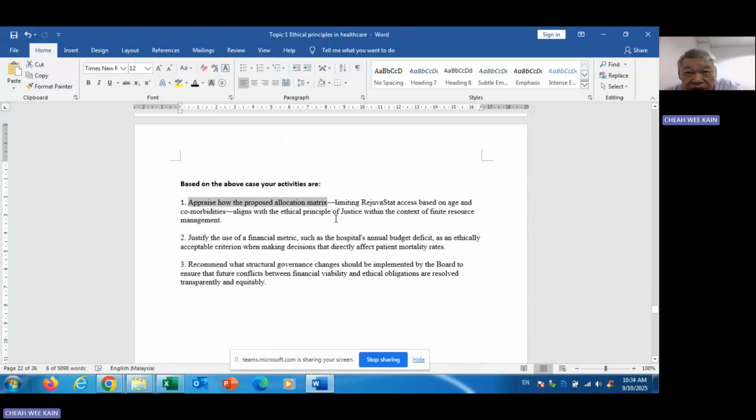You don't have to give me the answer. Justify the use of financial metrics such as hospital annual budget deficit as an ethically acceptable criterion. Recommend what type of governance changes should be implemented by the board to ensure that future conflicts between financial and ethical concerns are resolved transparently and equitably. These three, I just want you to think.